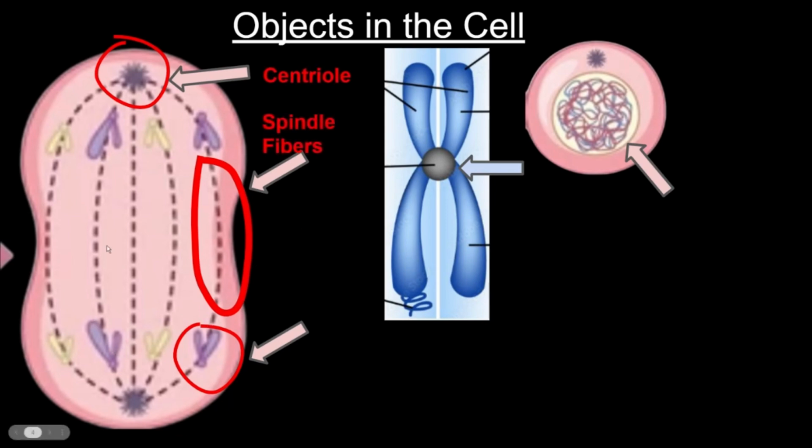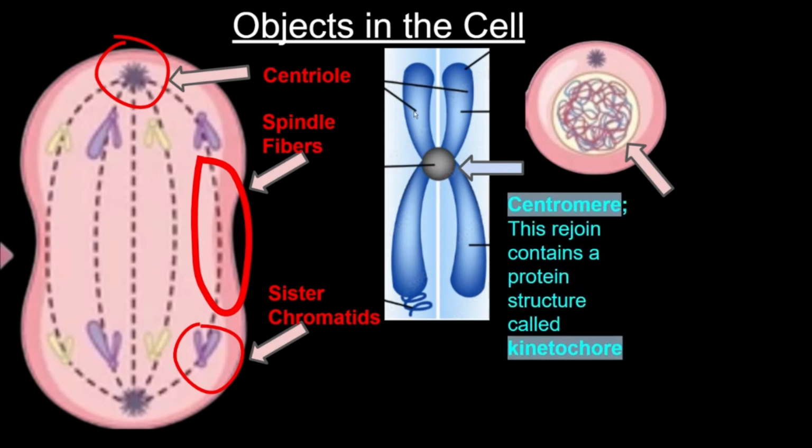These chromosomes that look like a V are called sister chromatids. The dot in the center of the chromosome is called a centromere. This region contains a protein structure called kinetochores where the spindle fibers will connect. And finally, the nuclear membrane-bound region contains DNA.